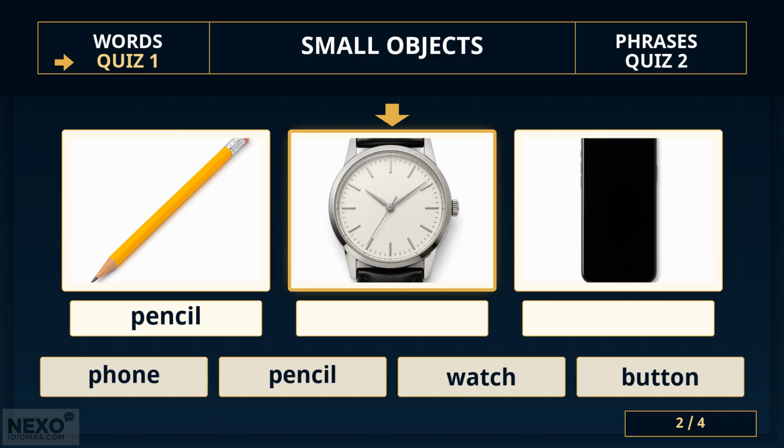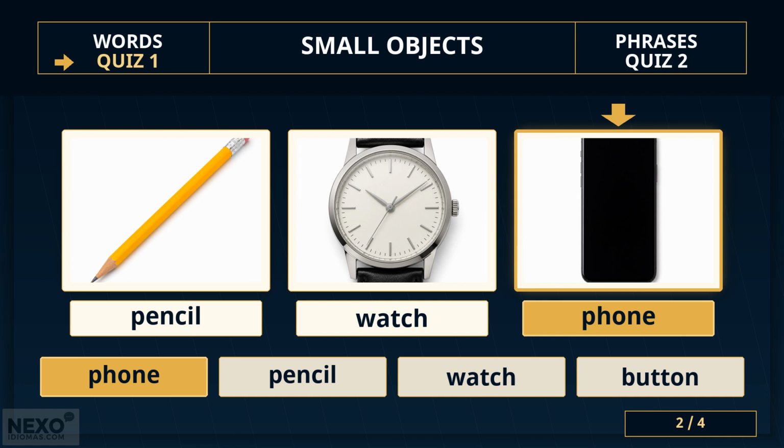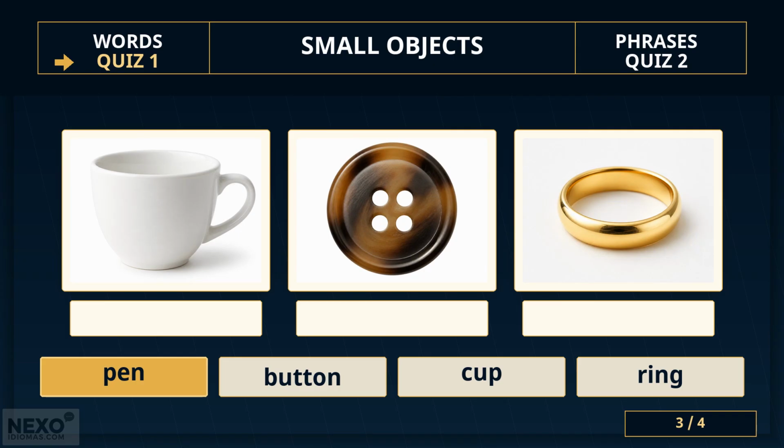What is this? Watch. What is this? Phone. Pen. Button. Cup. Ring.